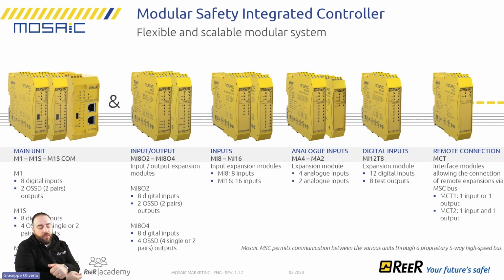And I will add something to this module. If you use the M1S COM, or if you use the fieldbus expansion, and you have the analog module, you will read, for example, you are going to check the pressure, okay? The analog signal from a pressure sensor. Quite easy. And then you want to measure the PSI value and do all the safety logic on the PSI value.